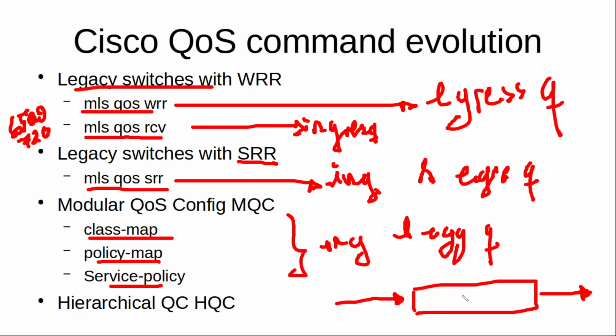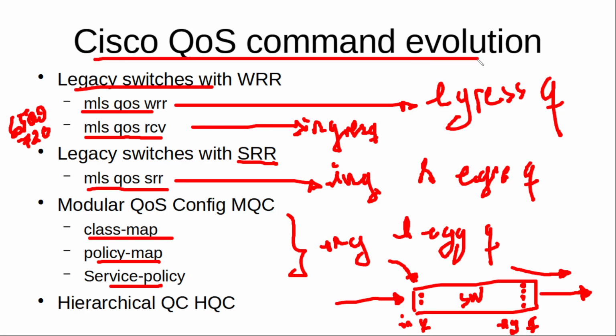So if you have your switch here, you will have some queues where the frames or packets are stored at the input point, and you will have some other queues that are used to store these frames or packets before sending out into the cable. So I'm talking about those queues. This will be the ingress queues, and this will be the egress queues. So this is the evolution of the Cisco quality of service commands.